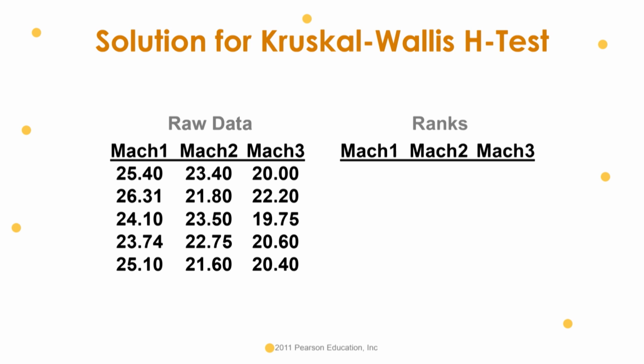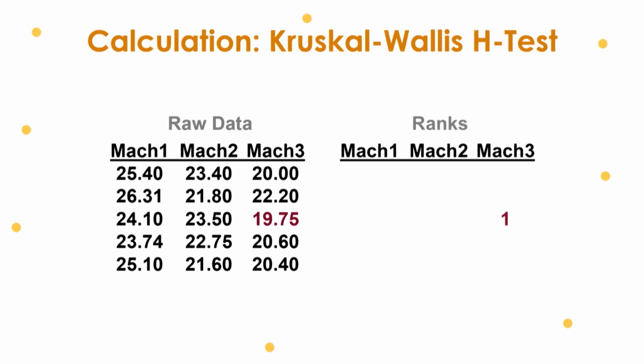So, the solution for the problem. The left side shows the raw data for machine 1, machine 2 and machine 3, and on the right side we have the ranks. First we give the rank to the lowest value. The lowest value is 19.75, the second lowest is 20 and the third lowest is 20.4.